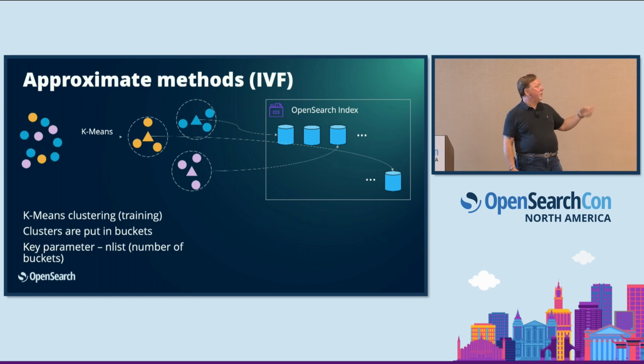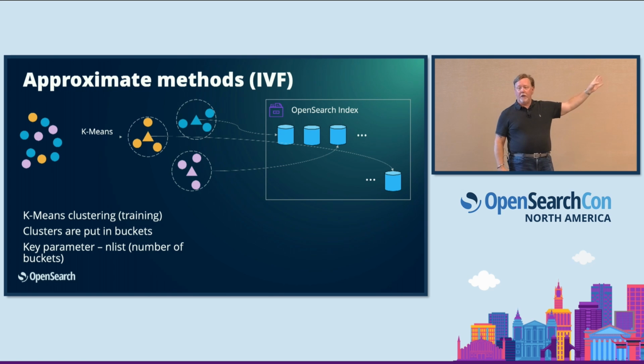The key parameter here is nList, which is the number of buckets. Okay? Again, the idea is reduce the search space by finding some close centroid and then just search right around that. And these centroids are representative of their cluster of points, right?